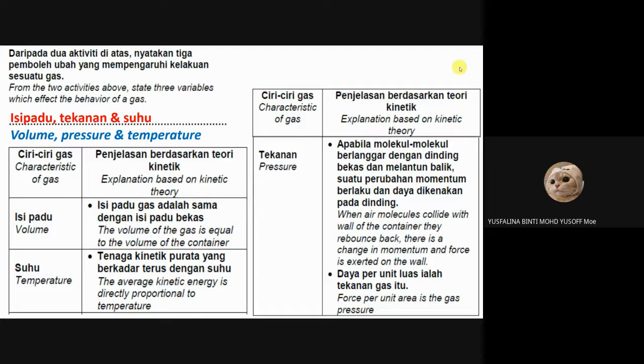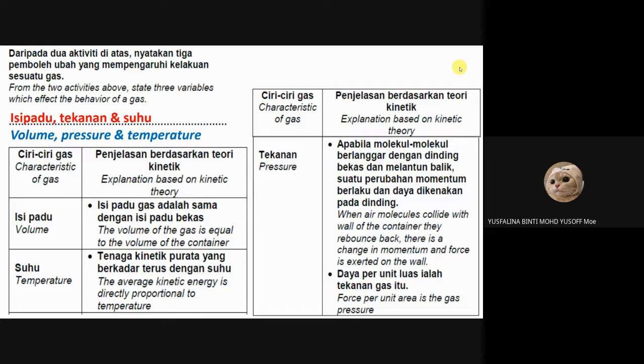So pressure is caused by the collision between the gas and the container wall, based on the kinetic theory. So how do you explain pressure and temperature? If you increase the temperature, the kinetic energy increases, the molecules move faster, and the pressure also increases.